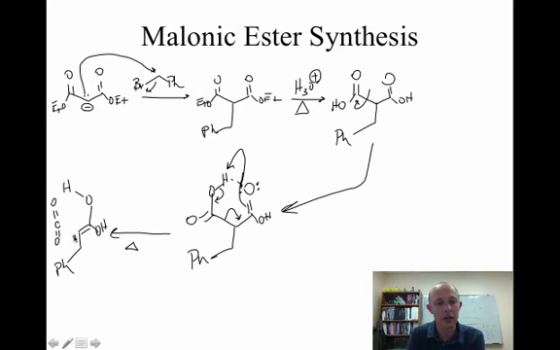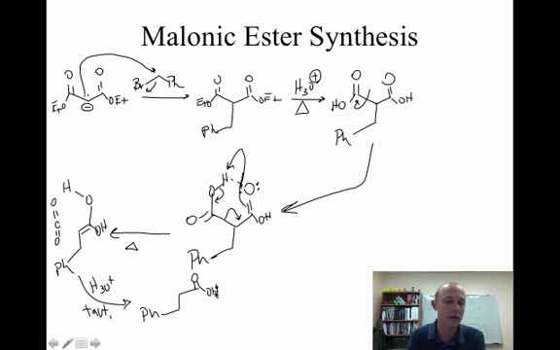This is an enol, right, which could rapidly tautomerize under the aqueous acidic conditions. So this is a tautomerization to give us our carboxylic acid.